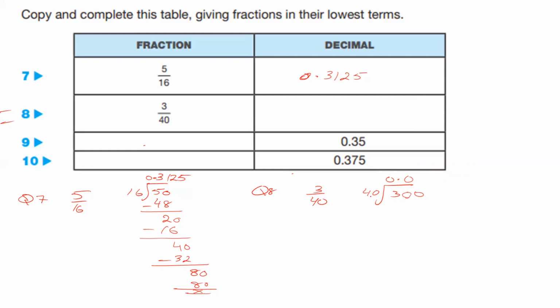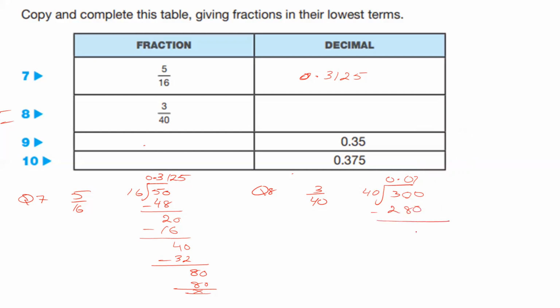So now we take a number, we multiply with 40 and we get nearest to 300. If I multiply 40 by 7, so 4 times 0 is 0, 7 times 0 is 0, and 7 times 4 is 28. So we make here 280.